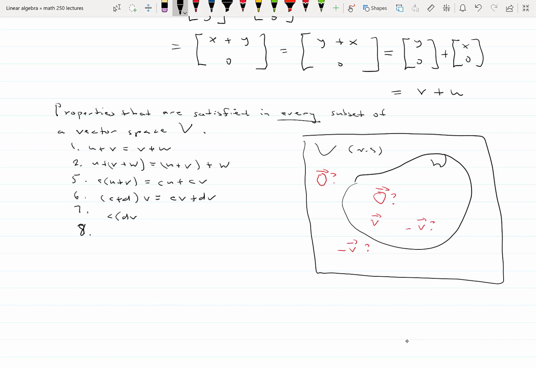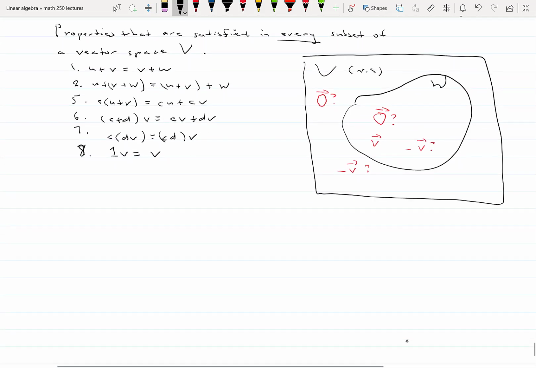C times dv, property 7, equals cdv, holds everywhere in the vector space. And 1 times v doesn't care where you are in the vector space. It's just v. Okay? So the bottom line is this. We have a potential problem with our subset W being a vector space.